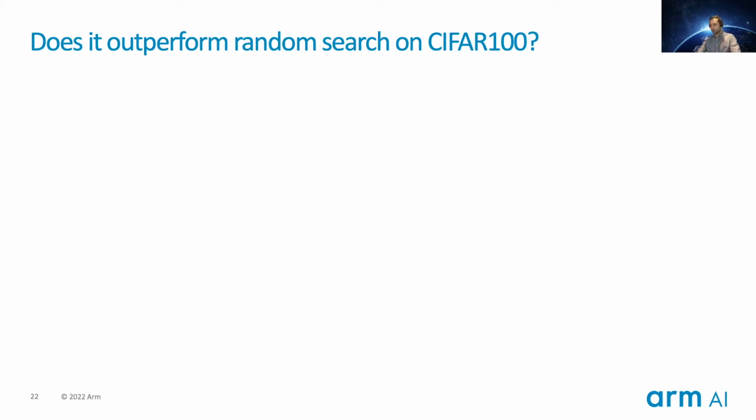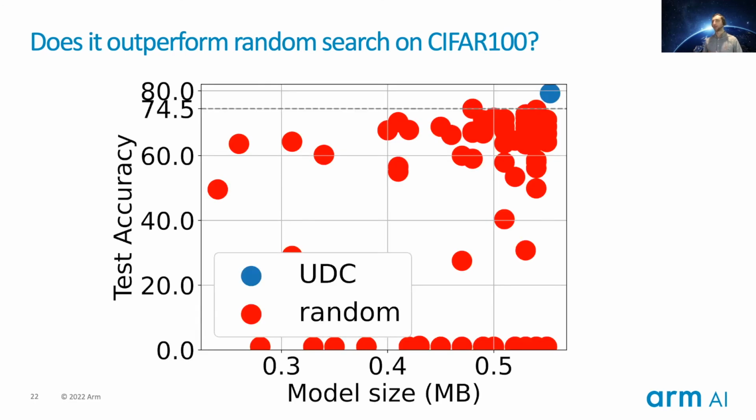Often we see papers in the literature with very complex search algorithms, but their search space is set up so that it includes lots of very good models, like it's very dense with good models. As a result, a simple approach like just randomly sampling models from the search space could lead to very good results. And so what I did was I generated 100 models at random from our search space, and I compared them to the model that's discovered by our algorithm.